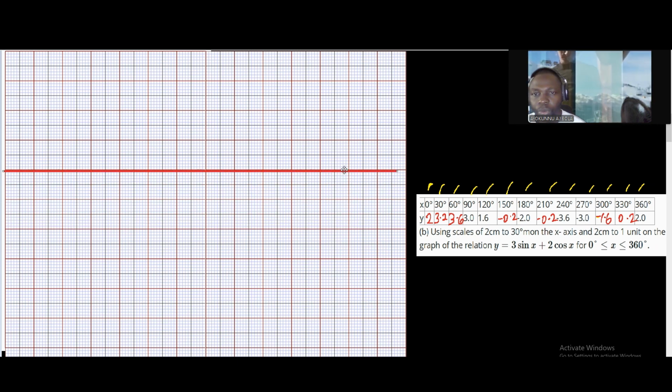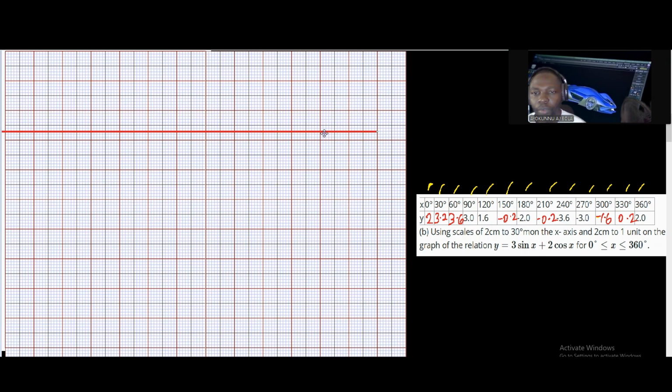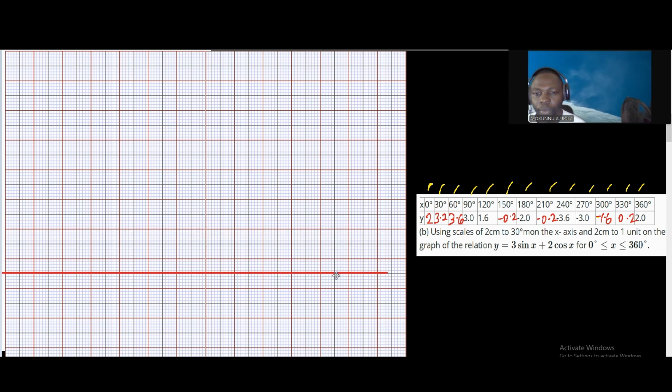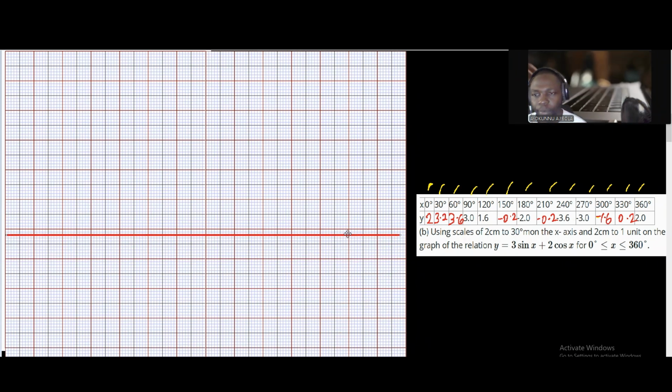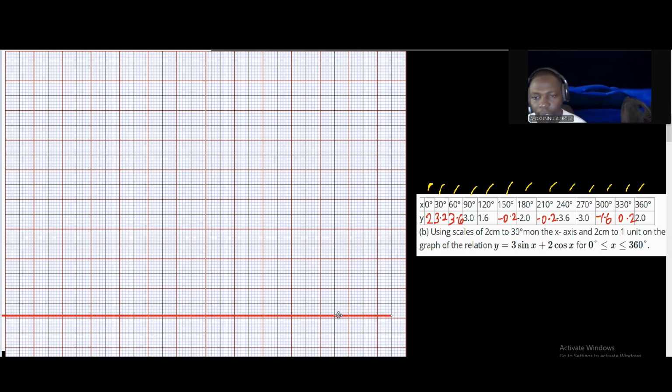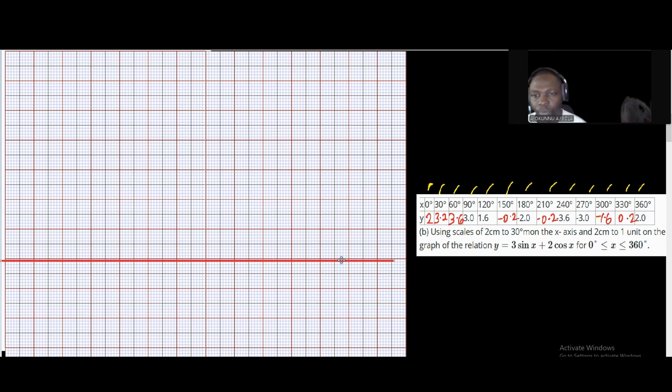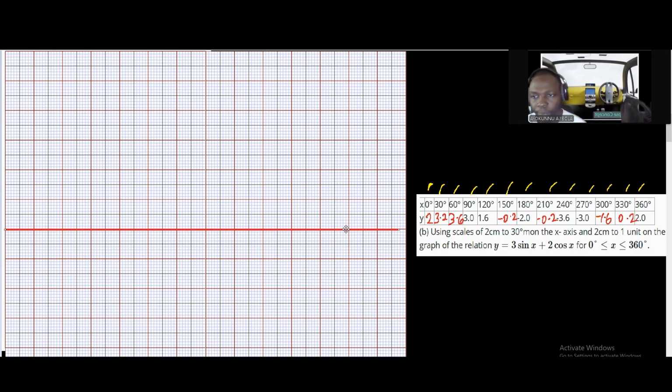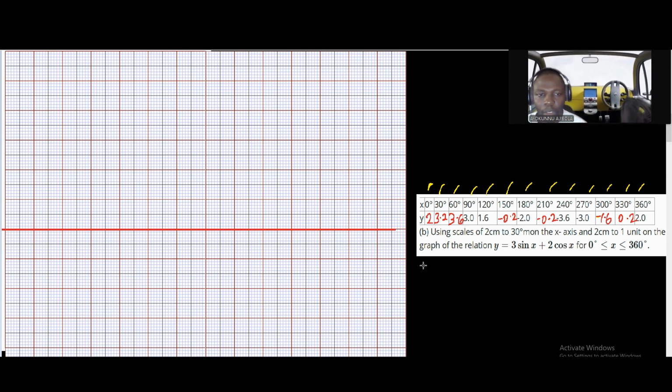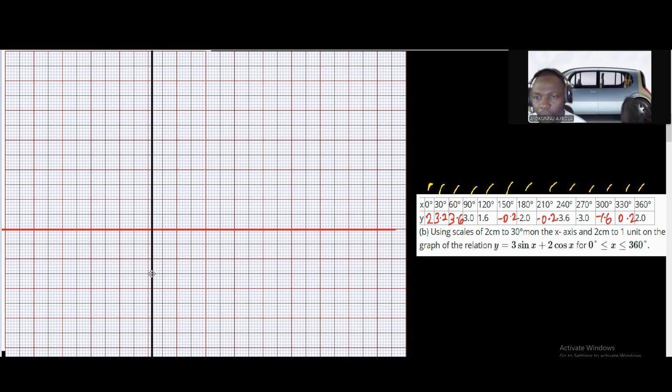So one, two, three, four. Yeah. Then from there, one, two, three, four. I can have it at the bottom. So let's say from here, count one, two, three, four. So it's at the middle here that I put my x-axis. Okay. Yes, sir. And for the y-axis, the value of x will determine the y-axis.